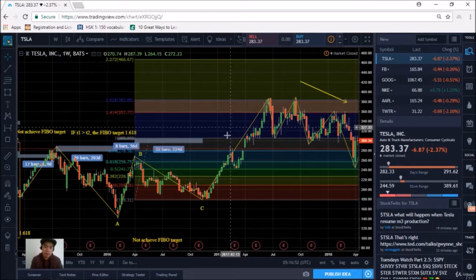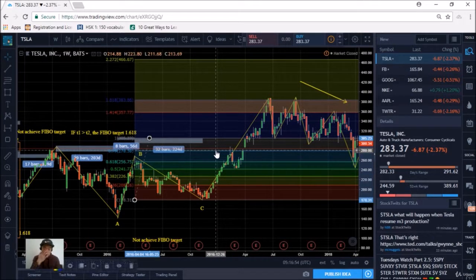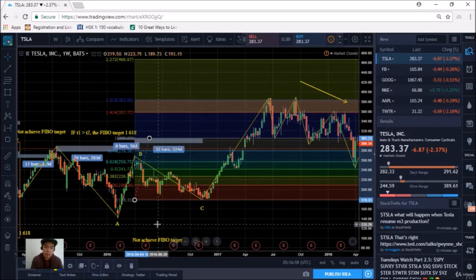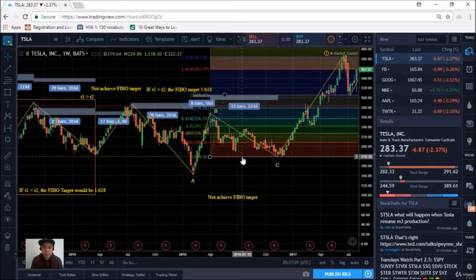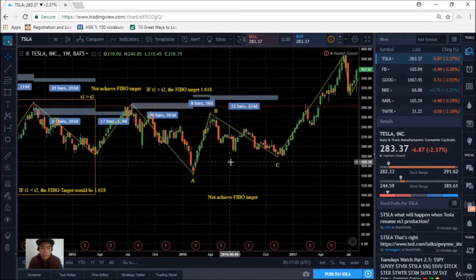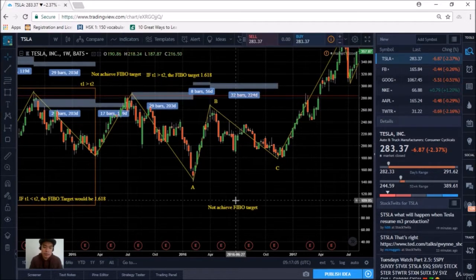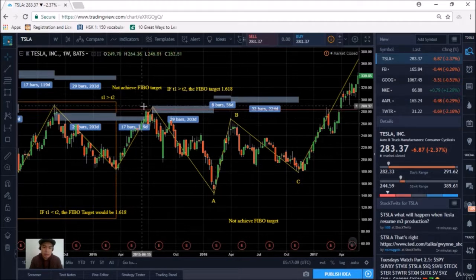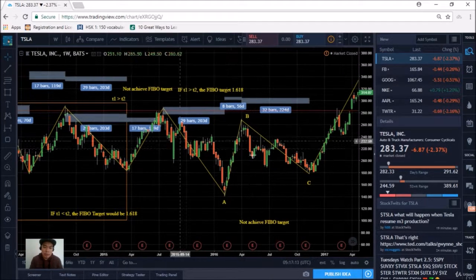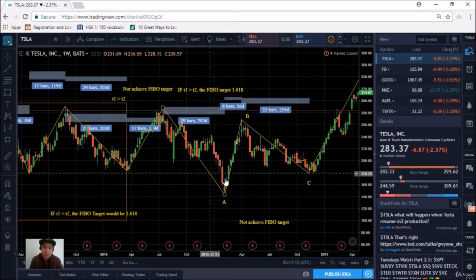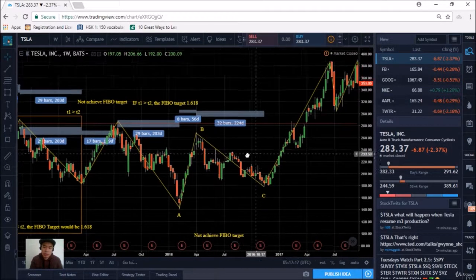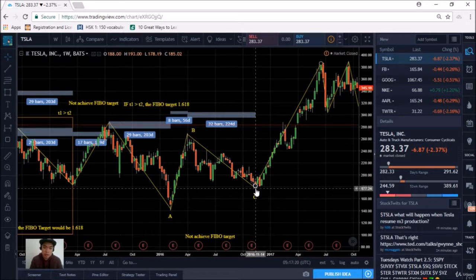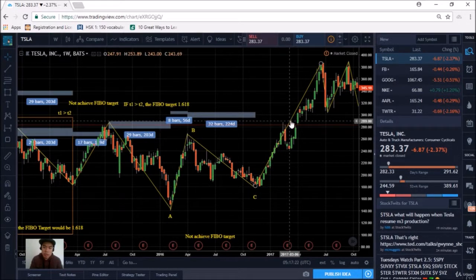Now I hope that from this section you learn a lot on how to determine Fibonacci target. And again, if you can see from this line, these two loops are making power upward, and thus after it finishes its retracement here, it will go upward.